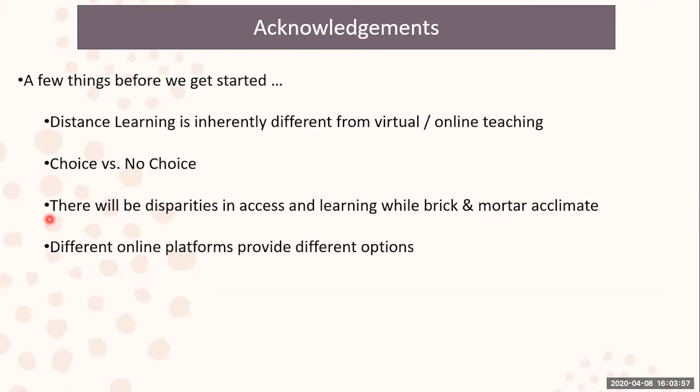And right now, while everybody is trying to figure that out, honestly, I think that there will be some disparities in access to learning while our brick and mortar does acclimate. Because in the virtual online school, our families, since they did sign up for this, and because our school is set up for virtual teaching, everyone has access to a computer, to the internet, to all of the resources that they need.